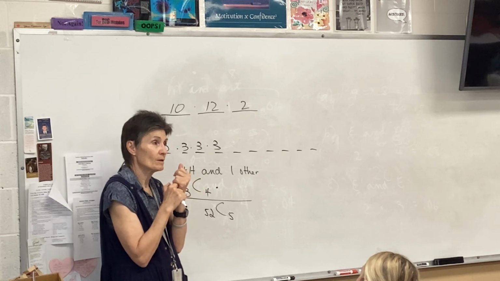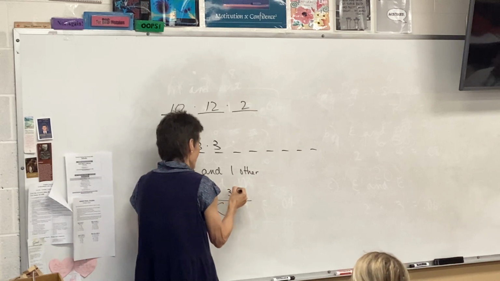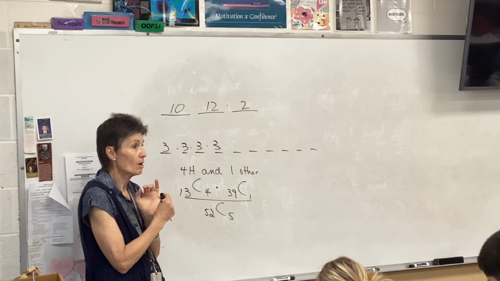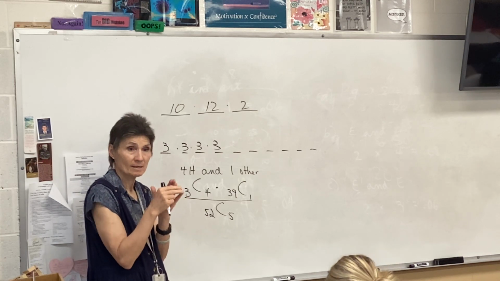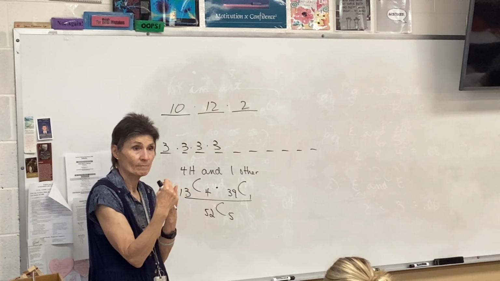Well, how many are there that aren't hearts? 39. And we want 1 of those. There's 13 hearts, so there's 13 diamonds, clubs, and spades. 13, 13, 13, that's where the 39 came from.